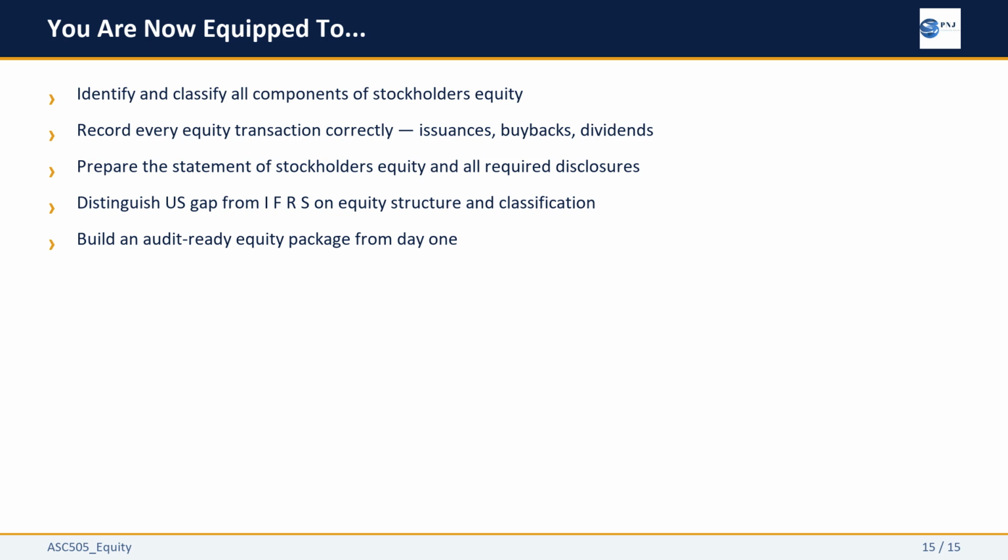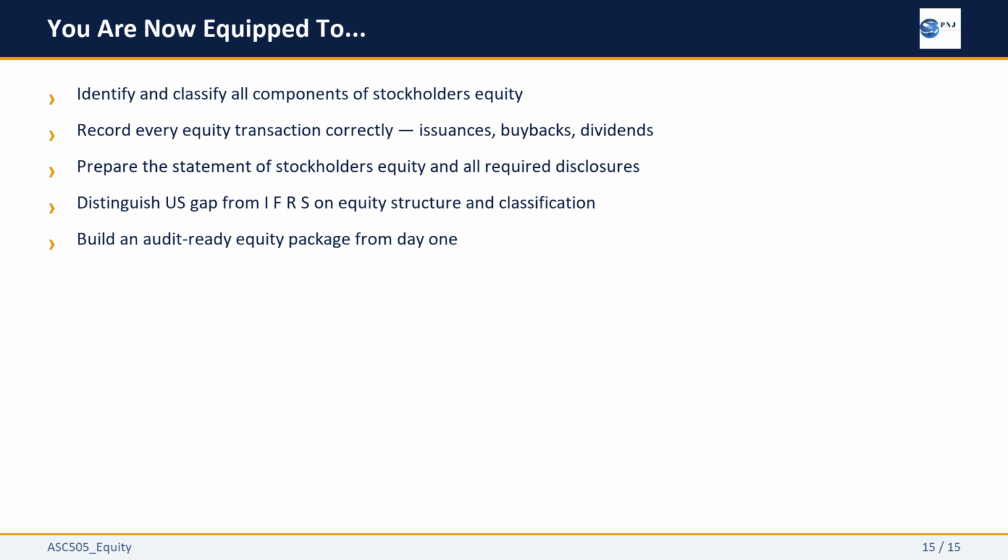You have now completed the full ASC 505 equity series. You can identify and classify all 5 components of stockholders' equity. You can record every equity transaction, stock issuances in all forms, treasury stock repurchases and reissuances, all 3 dividend types, stock splits, and OCI items.